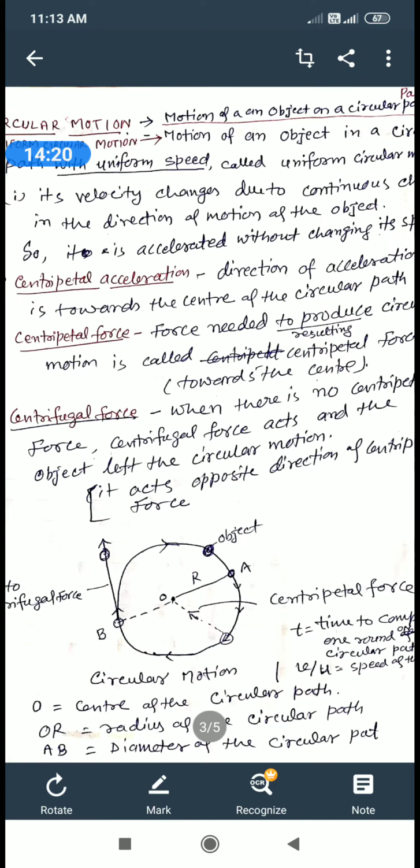Centripetal force is towards the center, and centrifugal force acts tangentially, the object moves in a straight line. Time taken is equal to T to complete one round of the circular path. Here v or u is the speed of the object. O the center, AB diameter, discussed earlier.